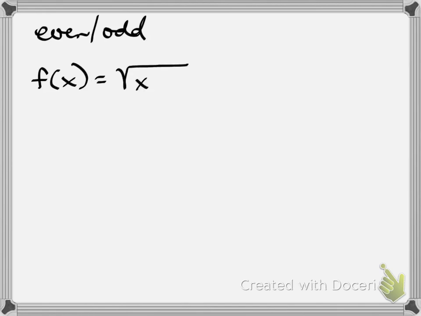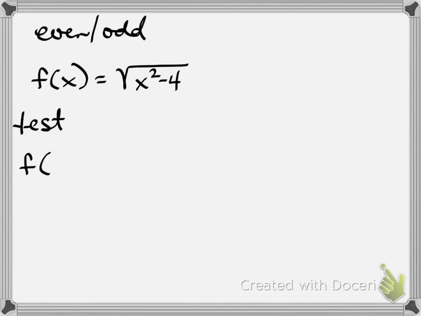All right, there was a request for an even and an odd example. So let me do one for you. Let's do f of x equals the square root of x squared minus 4. I know what square roots look like. I know what x squares look like. I'm not sure what the square root of an x squared looks like. So we're going to do our test.